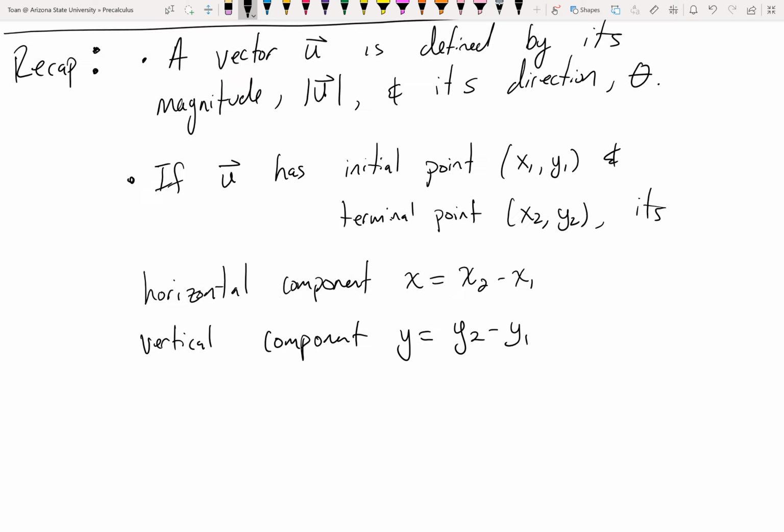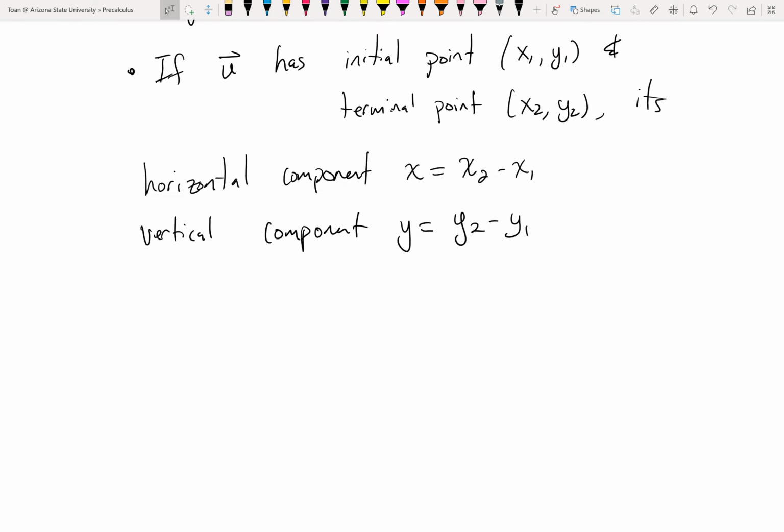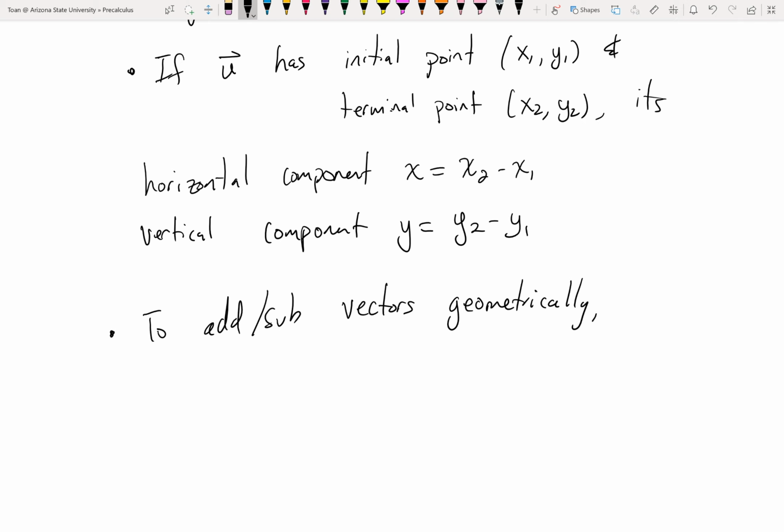And then we talked about the geometric way of adding and subtracting vectors. To add and subtract vectors geometrically, you start one vector where the other ends.